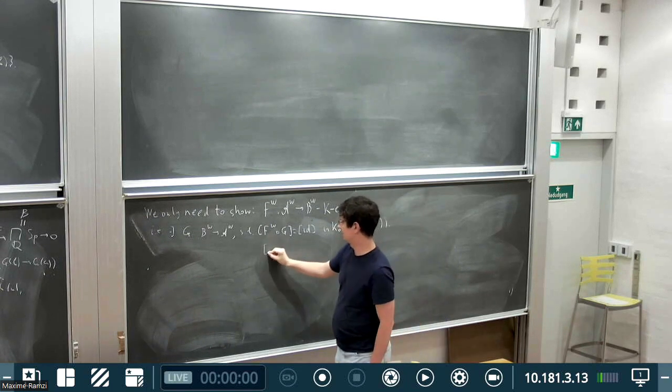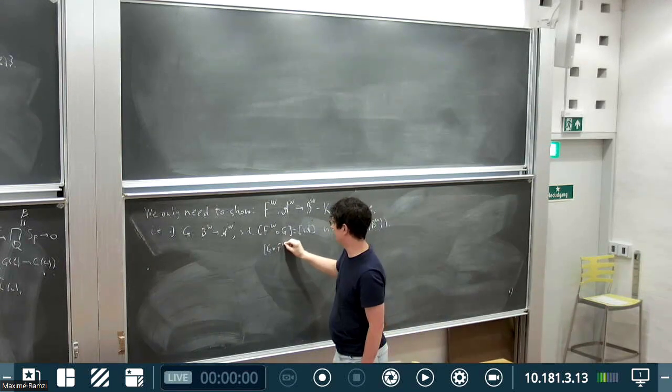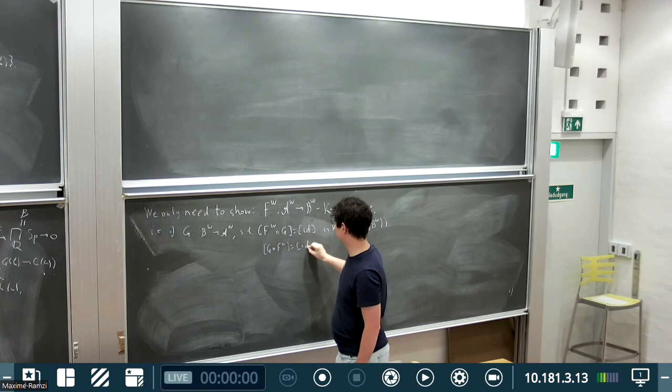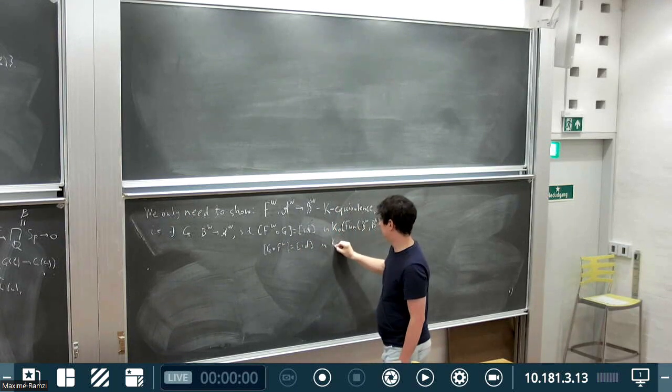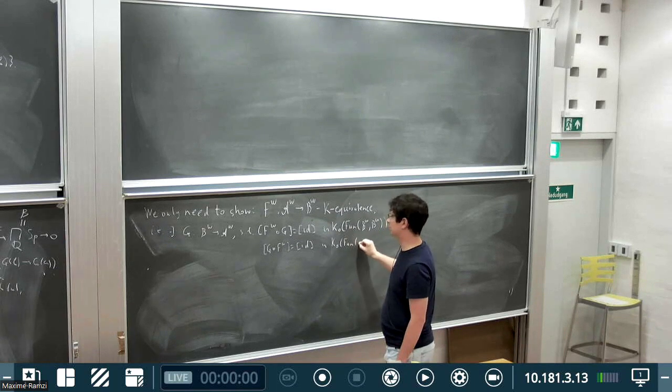And the same, g composed with f omega is the same as the class of identity in K0 of endofunctors of A omega.